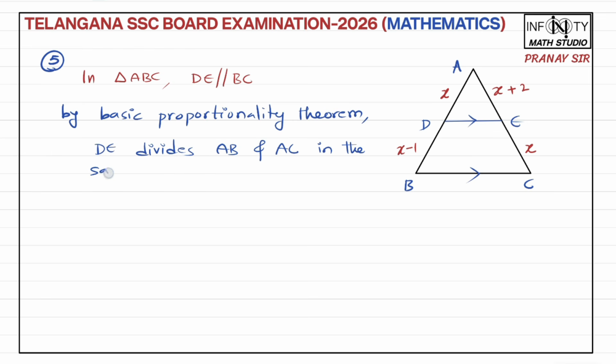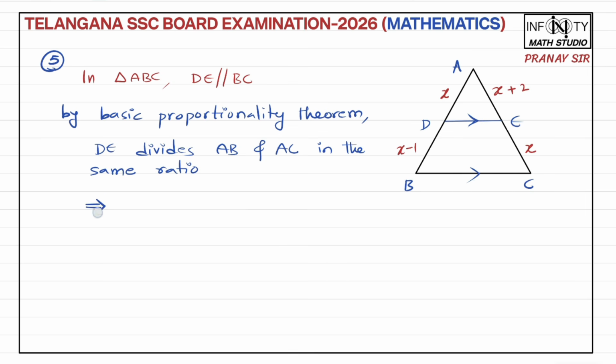That is the basic proportionality theorem statement. I will repeat it for your sake. In a triangle, if DE, this line, is parallel to BC, then this DE line will divide AB and AC in the same ratio. This is what your basic proportionality theorem statement is.